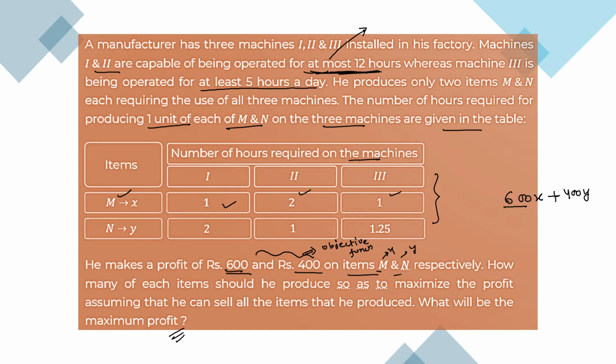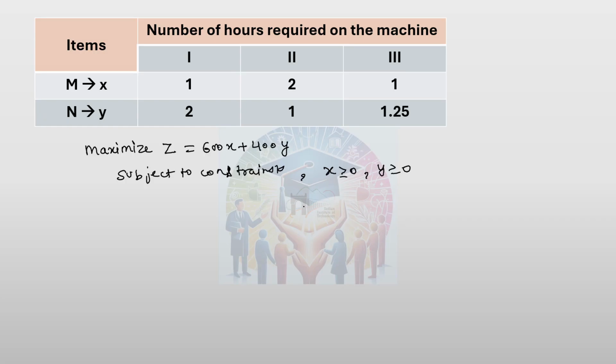At most means we are going to use the sign as less than or equal to 12 here. So X plus 2Y is less than or equal to 12. How this X plus 2Y? Because on the 1 and 2 they have said, so 1 into X, 2 into Y, this one.